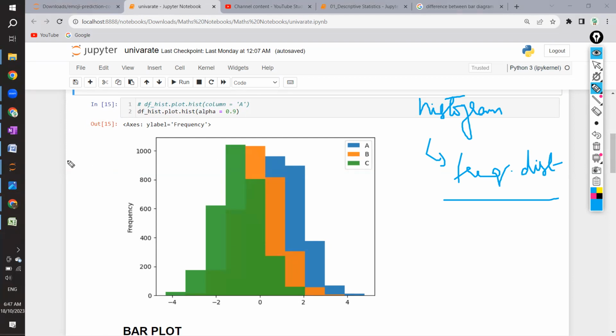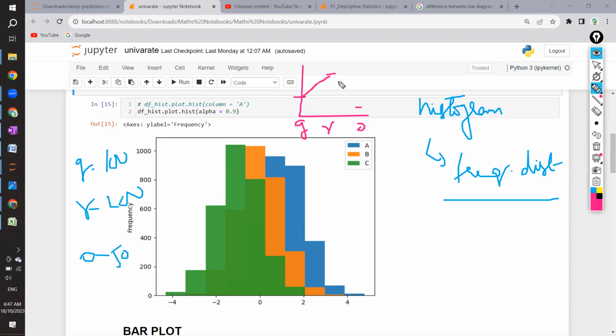If this column is simply green, red, orange, then this becomes categorical data. And if I have green 100, red 200, orange 50, the graph will be something like this. You'll have green, red, orange. Green is 100, red is 200, orange is 50.